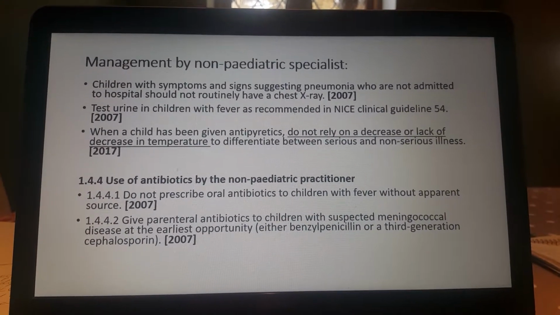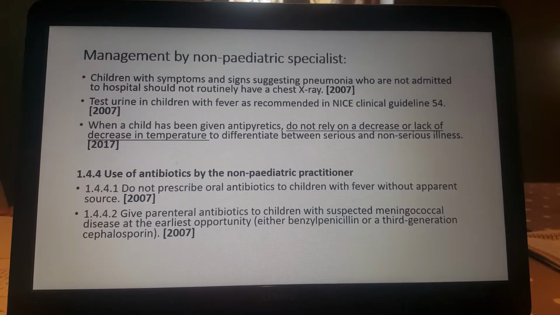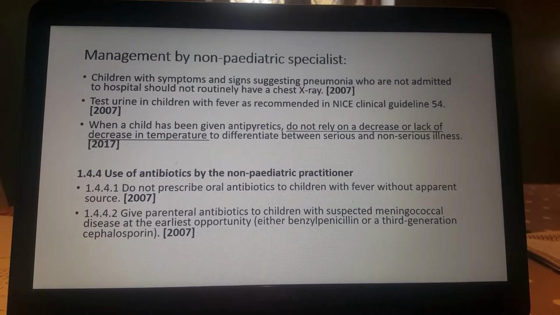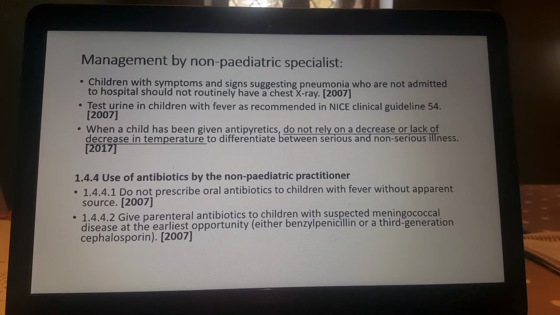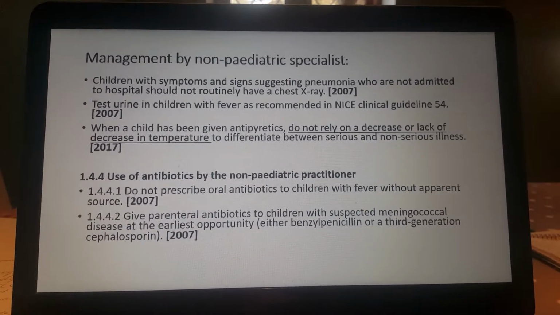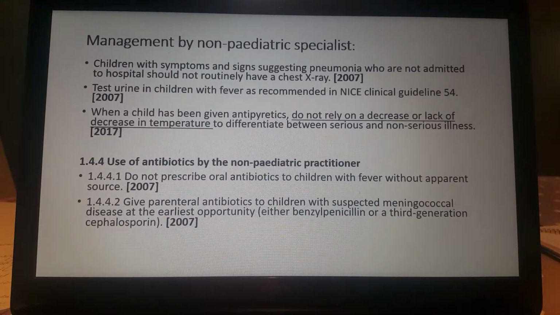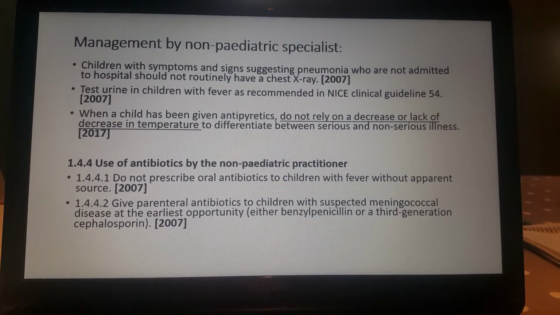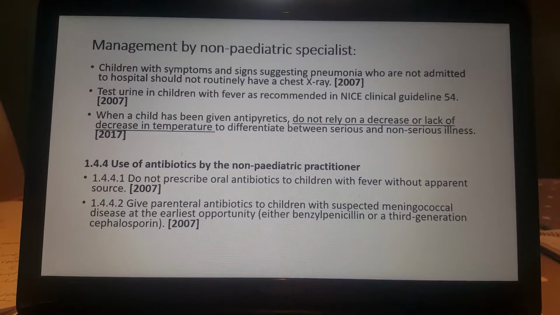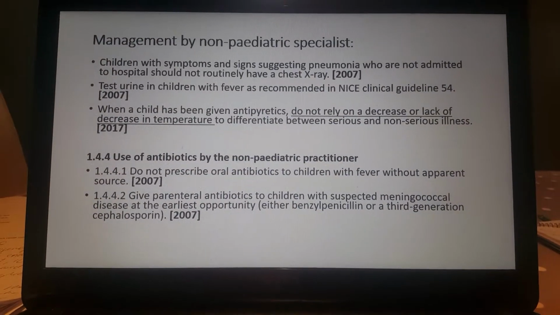They also recommended that we should be testing urine in children as per the NICE clinical guideline. Looking again at the response to antipyretics, we shouldn't be relying on a decrease or a lack of decrease in temperature to differentiate between a serious and a non-serious illness. And again, that was an additional recommendation added in 2017.